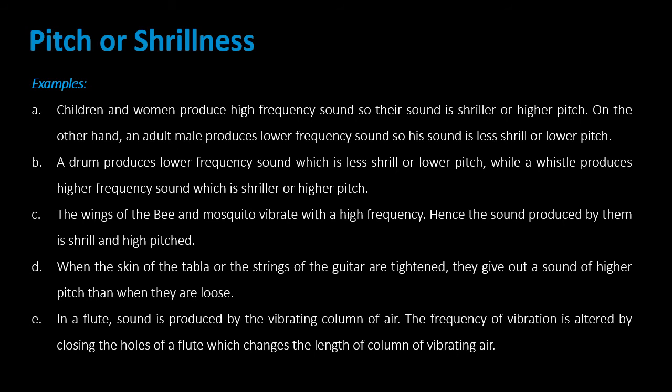Now, here are some examples illustrating pitch or shrillness. Children and women produce high frequency sound so that their sound is shriller or of higher pitch. On the other hand, an adult male produces low frequency sound, so his sound is less shrill or of a lower pitch.